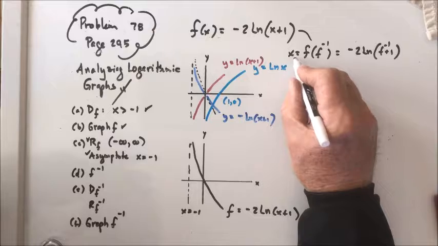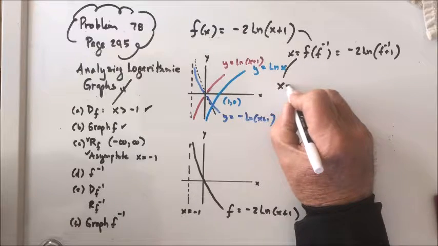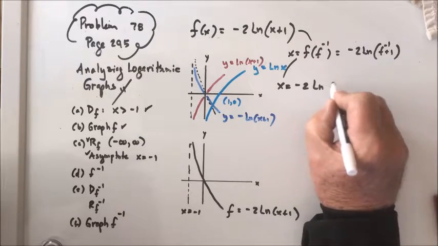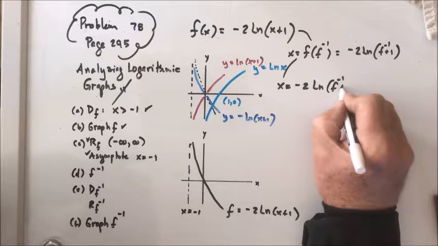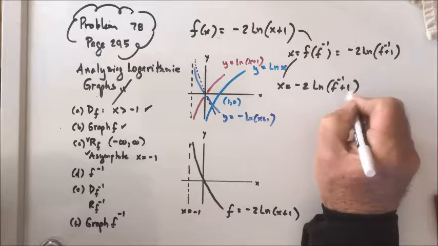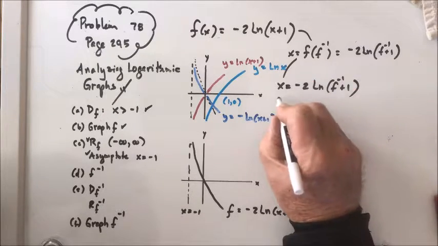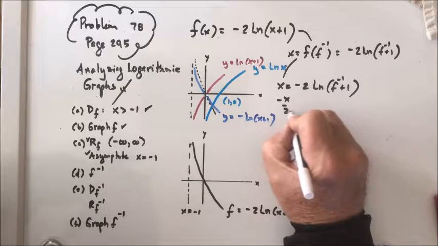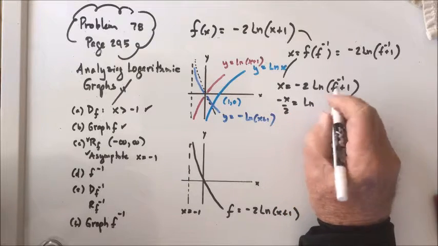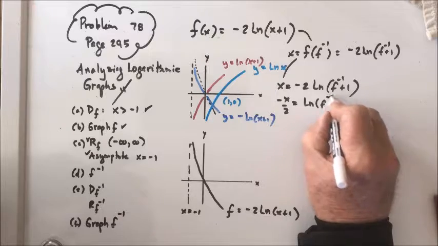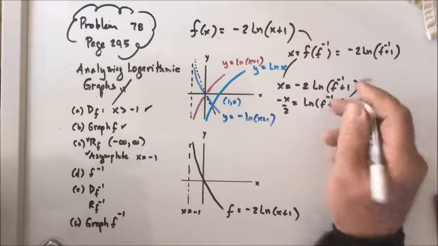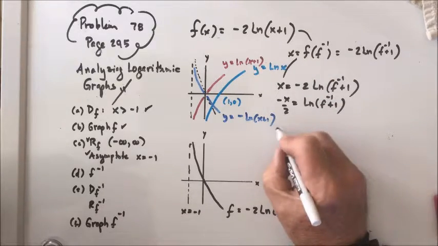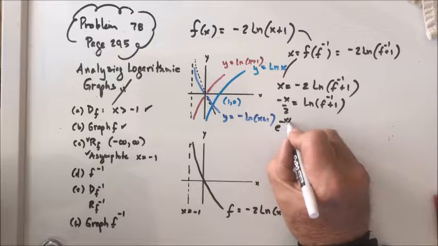I'm a little concerned that I've just drawn off my page here. So let me just transpose that equation down here. And let's go ahead and solve that by dividing both sides by minus 2. I get minus x over 2 is equal to the natural log of f to the minus 1 plus 1. And now let me raise both sides up as exponents on e.